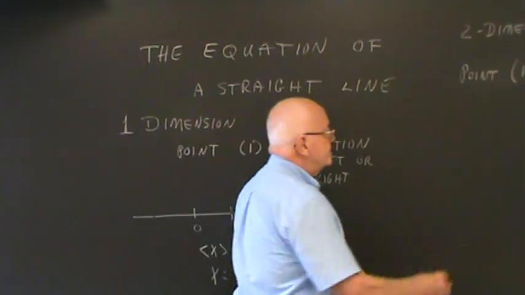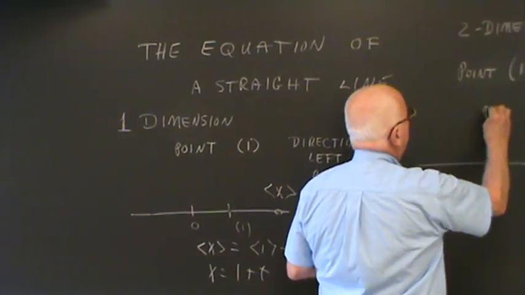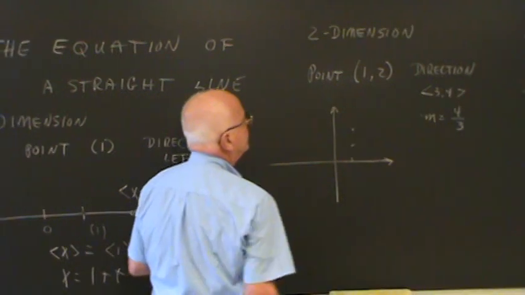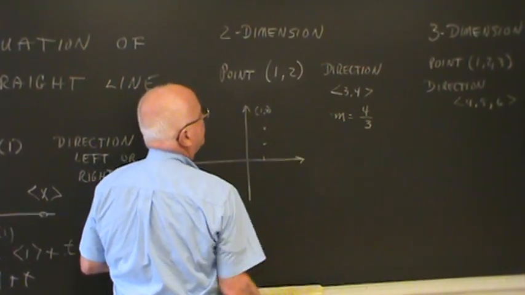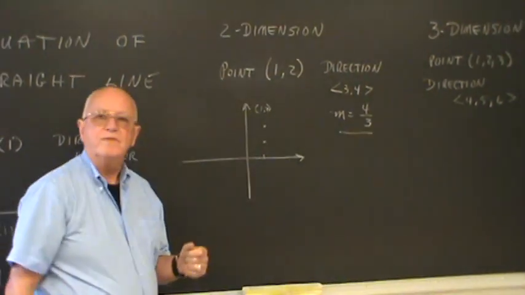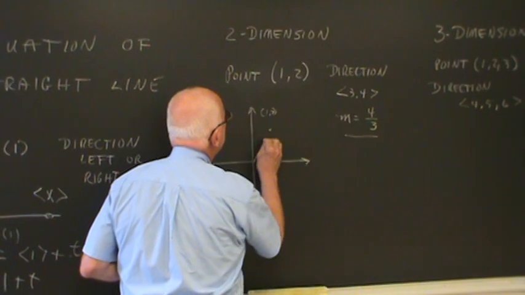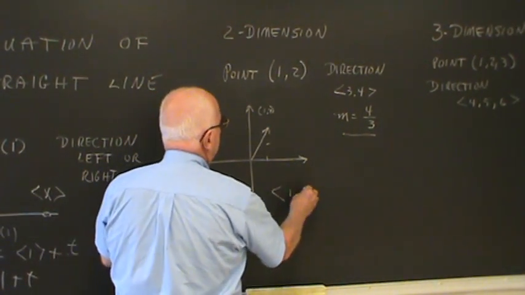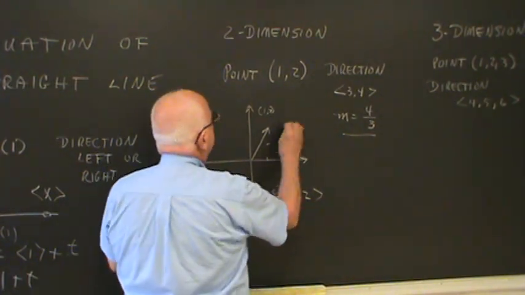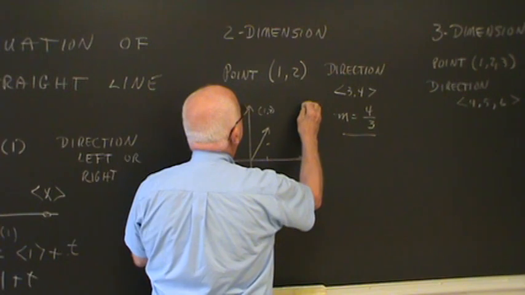Now in two dimensions, things get a little bit tougher. If we have a point over here at 1, 2, and we're going to go in the direction of 3, 4, which means the slope of the line is 4/3, then to get to here, to point 1, 2, we want to get over here to a point which goes over 3 and up 4.